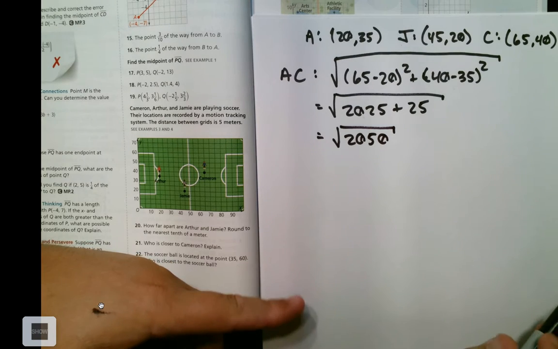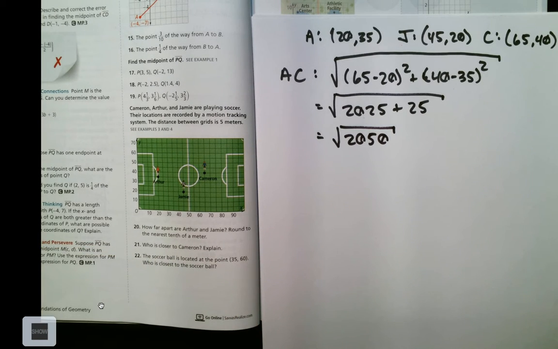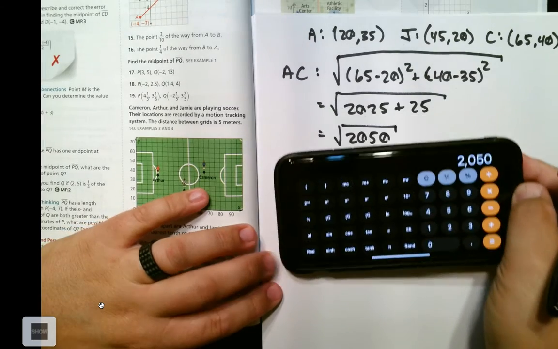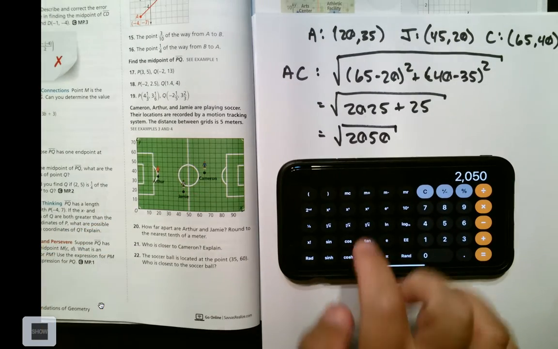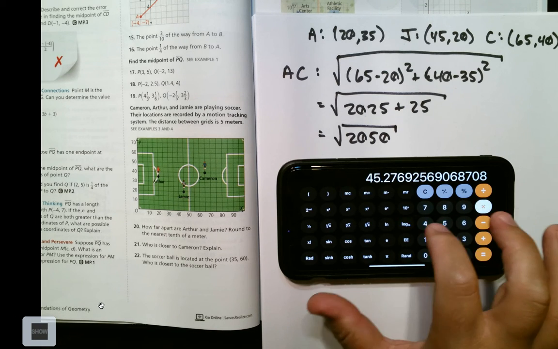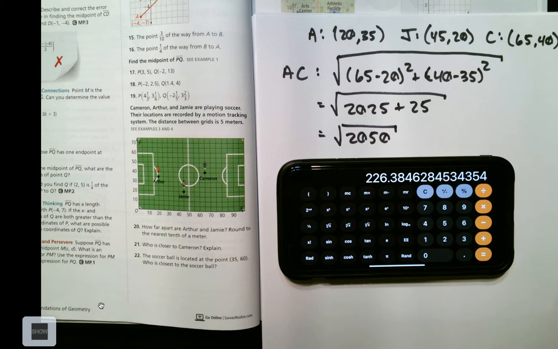So from Arthur to Cameron, the square root of 2,050 units. Remember, each of those units represent 5 meters. So what I'm going to do is type in my calculator the square root of 2,050. I could show you actually what I'm doing here. The square root of 2,050, which gives me that. And all I'm going to do, just for the sake of keeping it simple, is multiply that by 5, because remember that's 5 meters per unit.